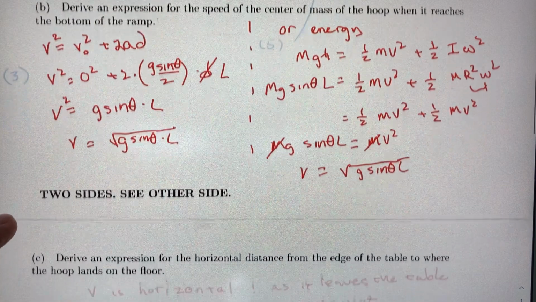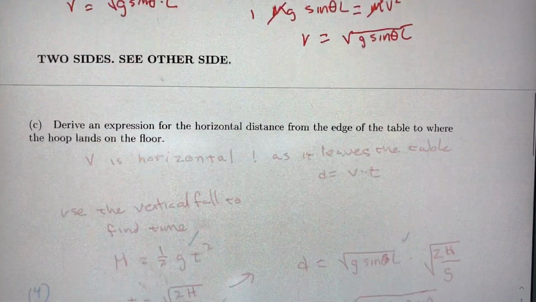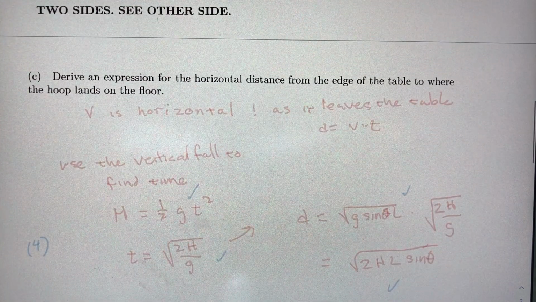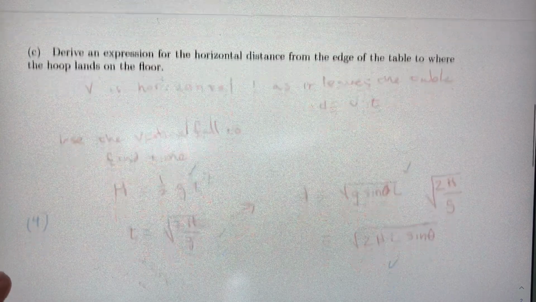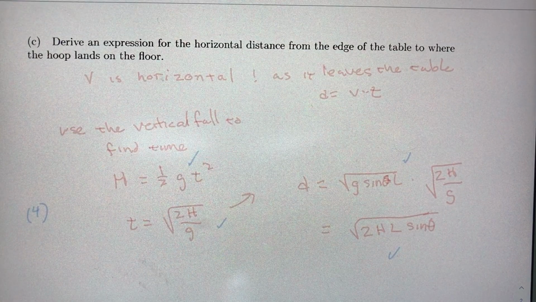Okay, so after that, horizontal distance. Remember, horizontal distance only depends on the time that it takes. So we're going to need kinematics to find the time. Notice also that the velocity that you leave with is exactly a horizontal velocity.